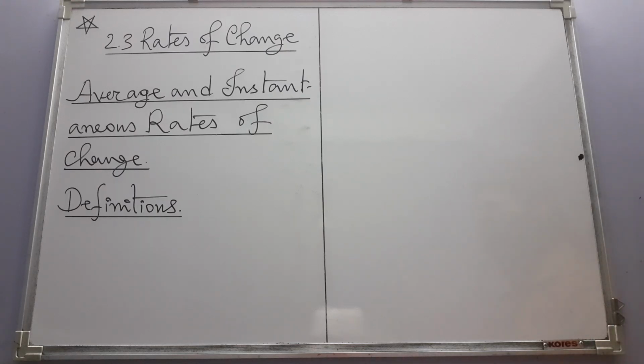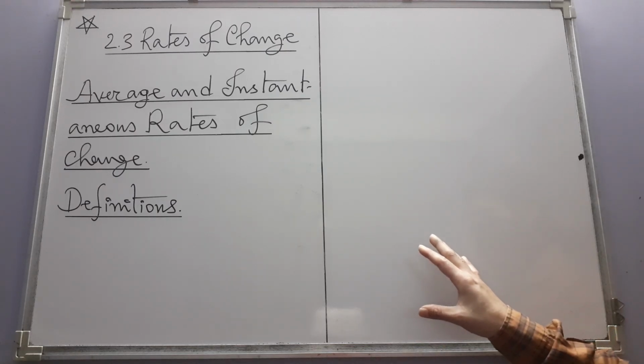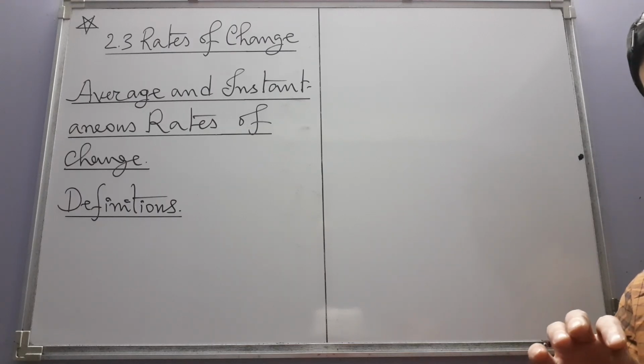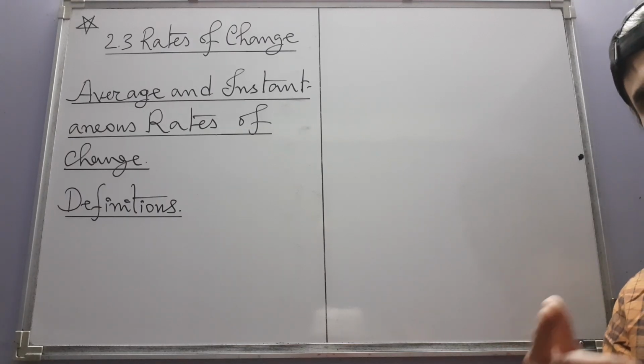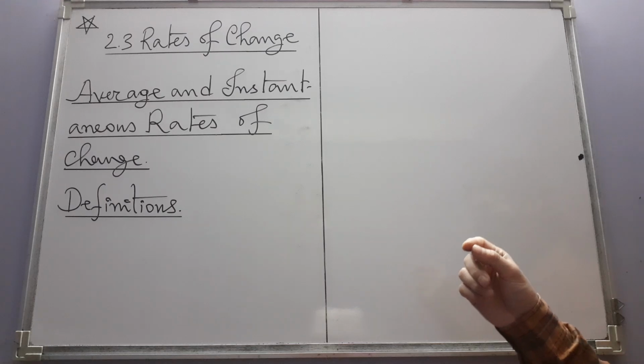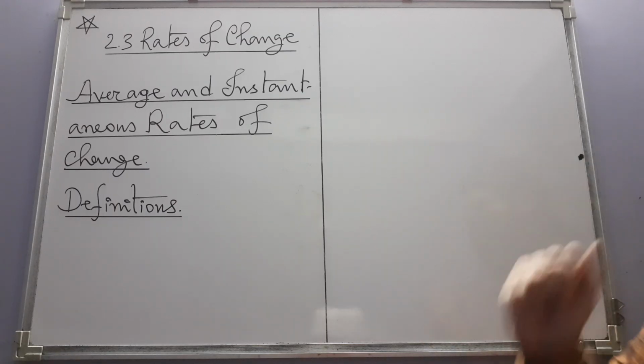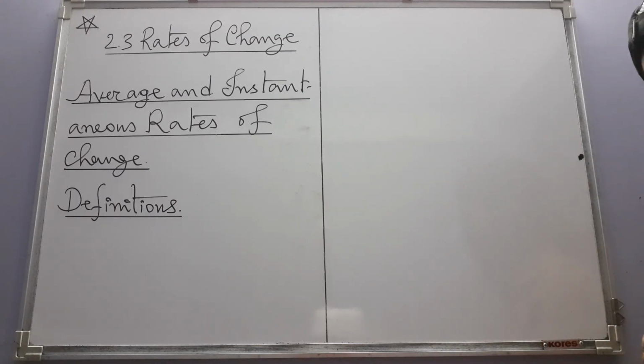In general, if we are given a function, then we can talk about the rate of change of its values, its outputs, with respect to the inputs or independent variable, and that variable need not represent time.